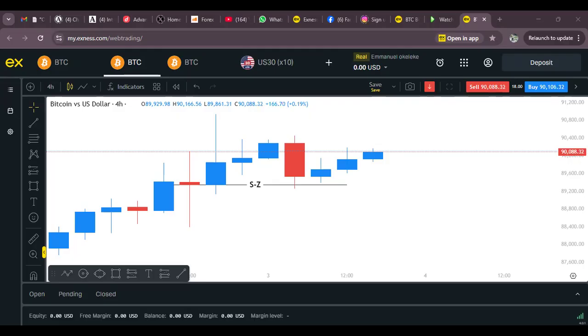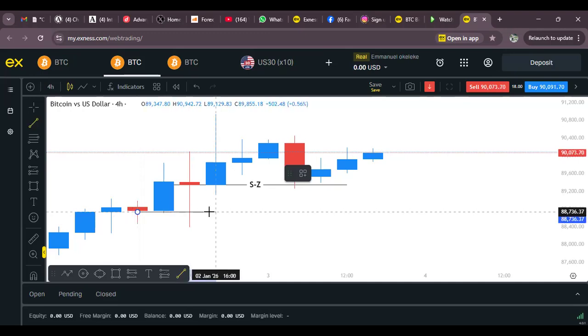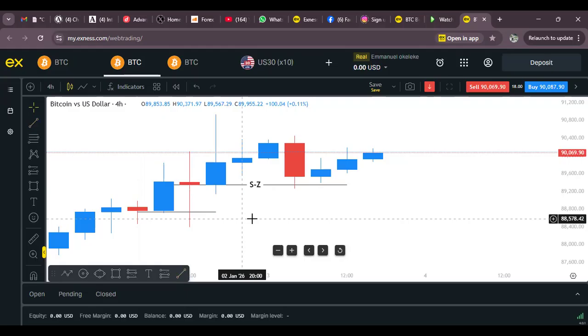Okay, go ahead. So in some situations, I've noticed that you might have two zones. Let's say, like on BTC now, we have two zones before the rejection of the most previous zone. That is this one over here. Yes, we have two zones, and we're clearly in an uptrend right now.